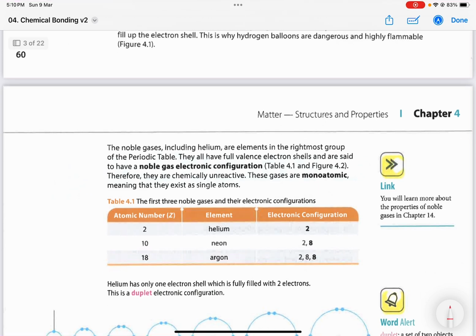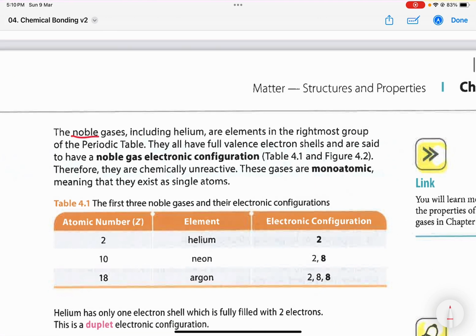Noble gases, including helium itself, are the elements in the rightmost group, which is group 18. What's so special about them is that they all have full valence electron shells. We say that they have noble gas electronic configuration or noble gas electronic structure.